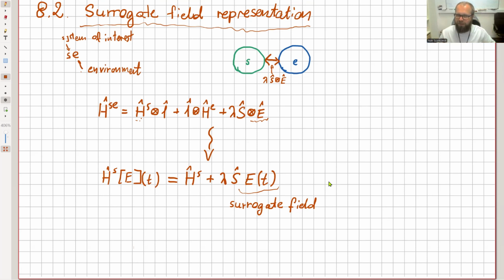We are interested in the dynamics of system S, right? But we know that system S is coupled to system E through this kind of quantum mechanical coupling, right? And what we want to do is eliminate E from the picture, or in other words, we want to simulate the dynamics in S with this external field that is a surrogate for the environment.